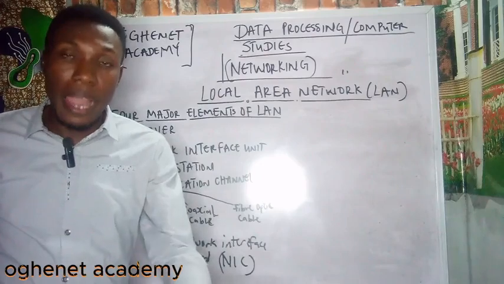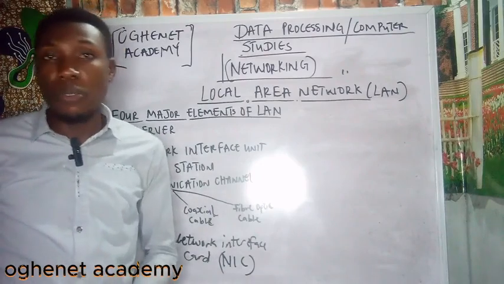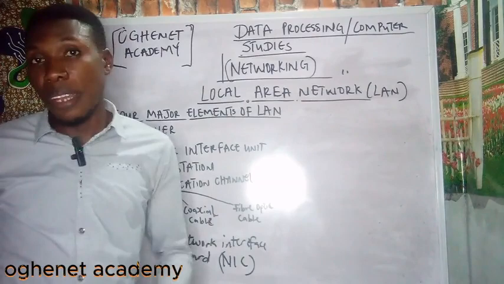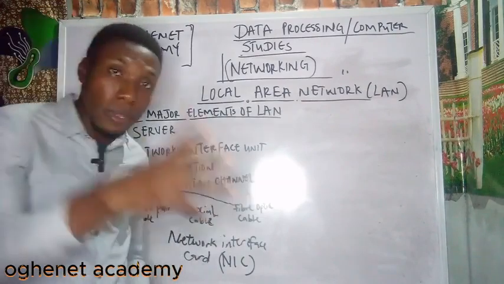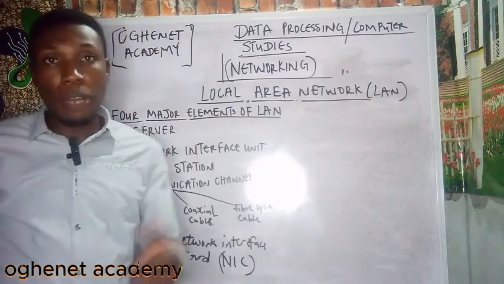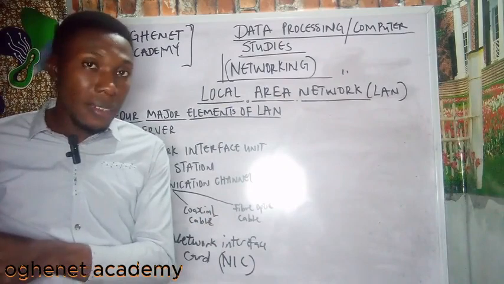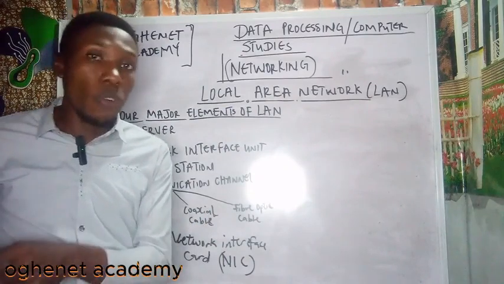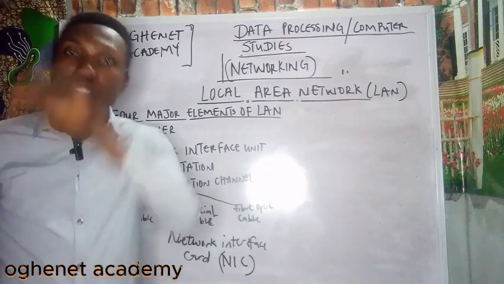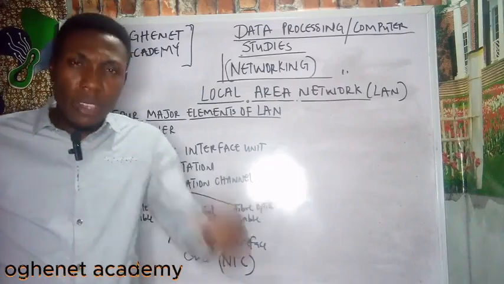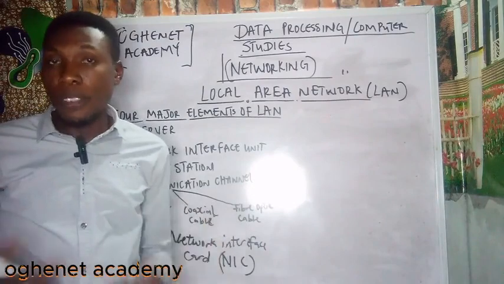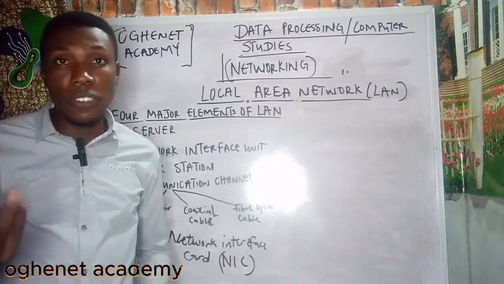One computer can send documents or files to that printer, and another computer in the same network can still send files to that same printer. You see multiple computing devices making use of a single printer.